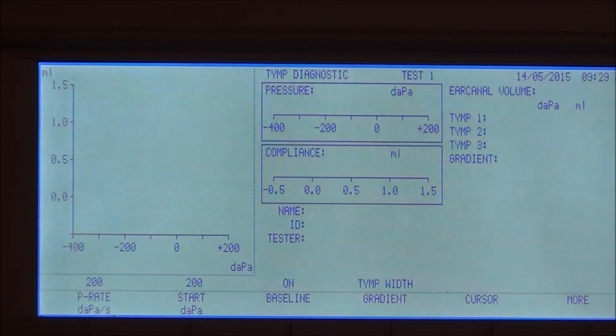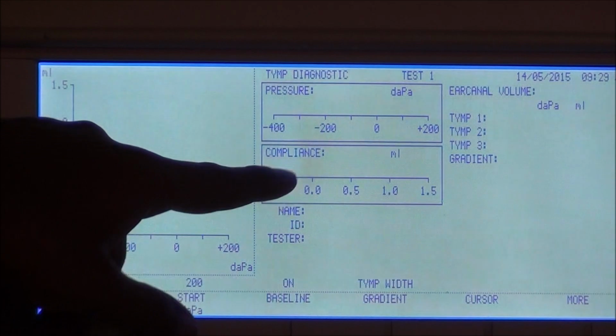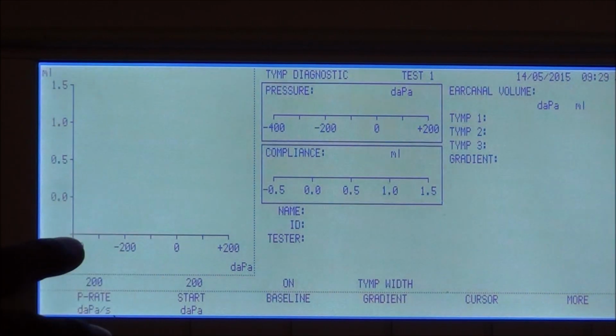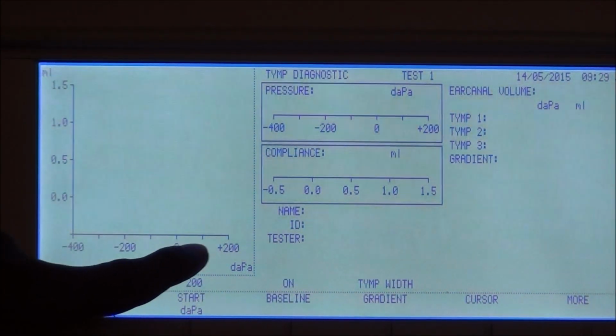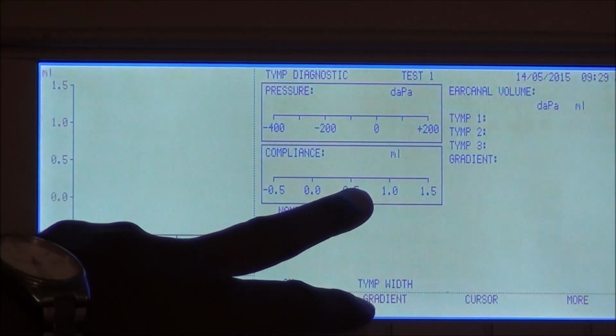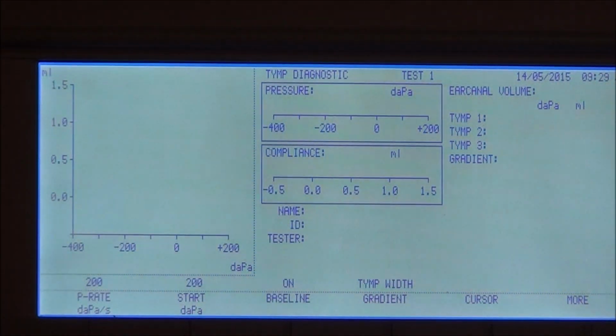You understand? Okay, so now you see two graphs here. One is pressure, the one on the top, and the other one is compliance. Both change as we change the pressure. How the compliance changes can be observed in this graph and also in this meter.